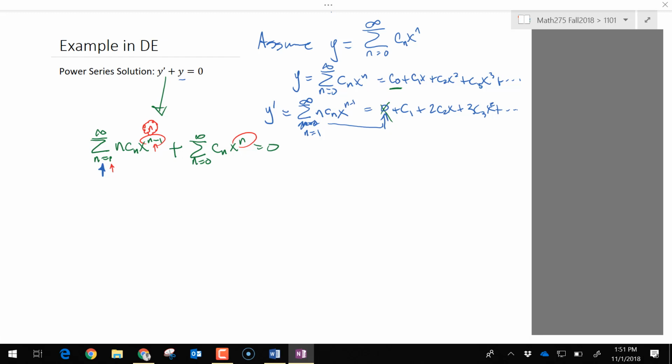Okay? I usually rewrite it with a different variable. I want this to be k.